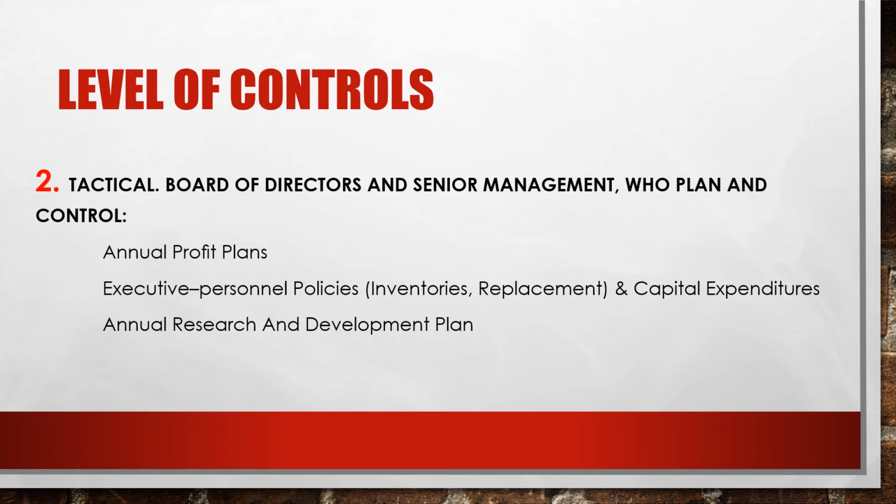These are the board of directors and senior management who plan and control the annual profit plans, like the executive personnel policies in terms of inventories, replacement, and also the capital expenditure. We also plan the annual research and development. So, the tactical.